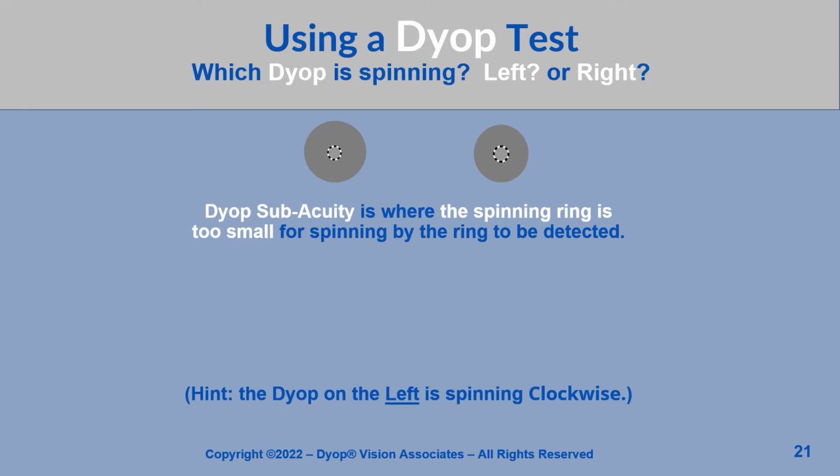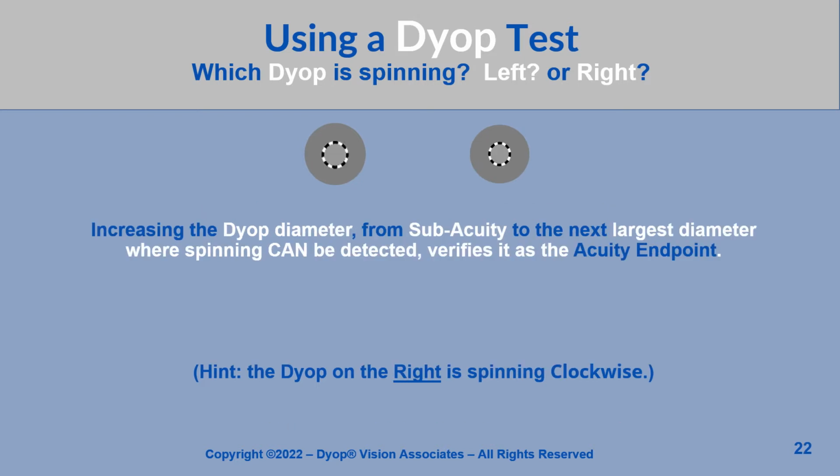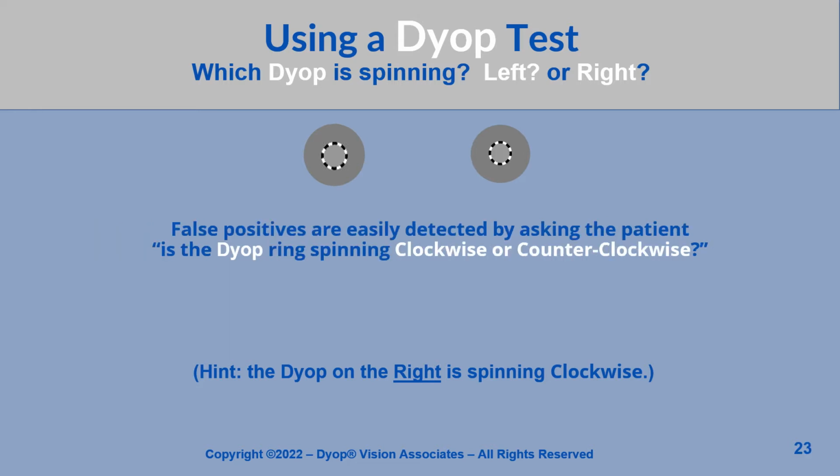Diop subacuity is where the spinning ring is too small for spinning to be detected. Increasing the diop diameter from subacuity to the next largest diameter where spinning can be detected verifies that diameter as the acuity endpoint. False positives are easily detected by asking the patient, is the diop ring spinning clockwise or counterclockwise?